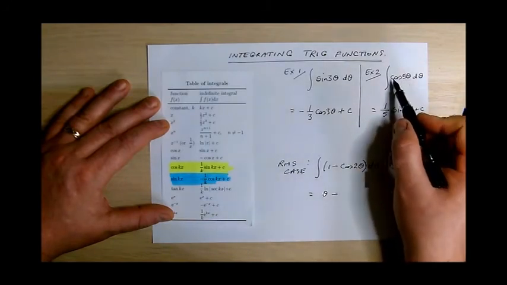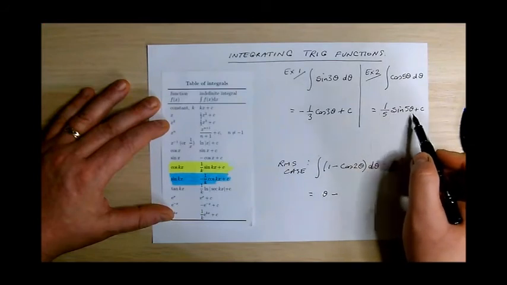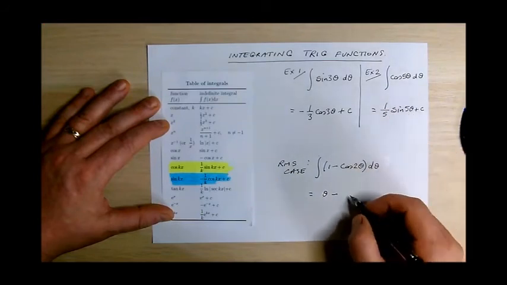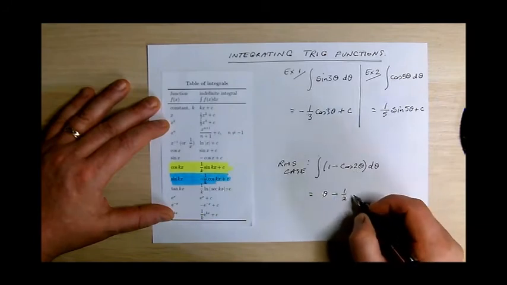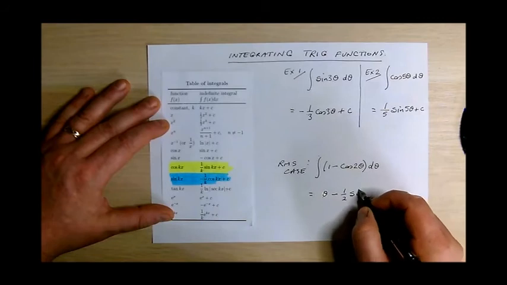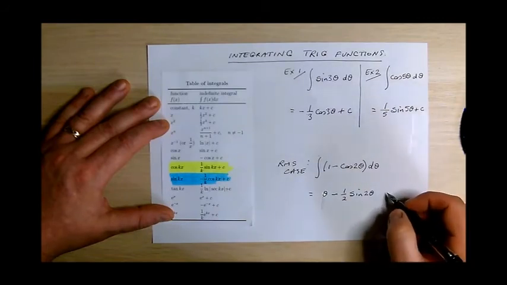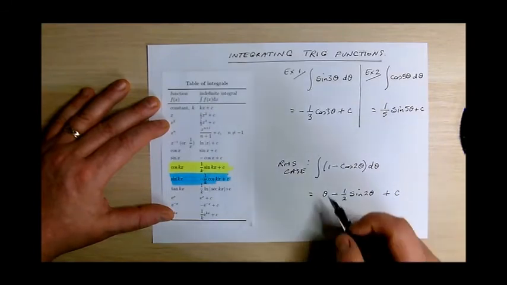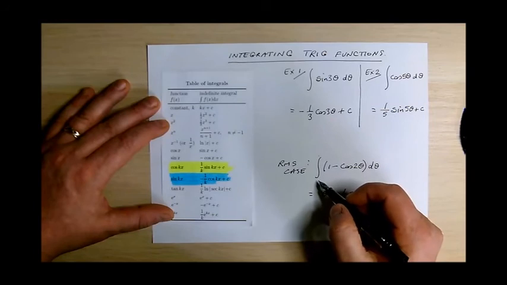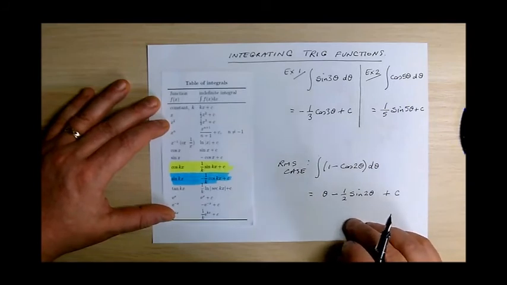Cos kx is equal to 1 over k sine kx, or k theta in this case. Our k is 2, so it's 1 over 2 sine 2 theta. Then we would have a plus C if we're just working it out. Whenever we go to do our RMS calculation, we have two limits here, so we get rid of this constant in the final calculation.